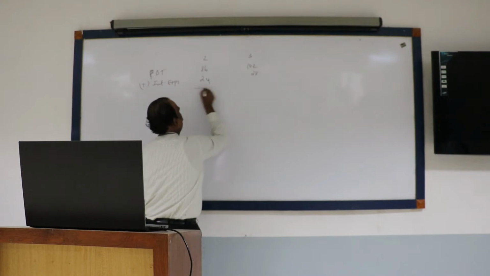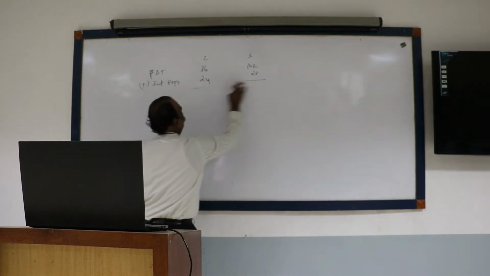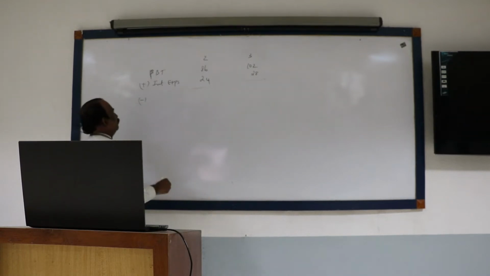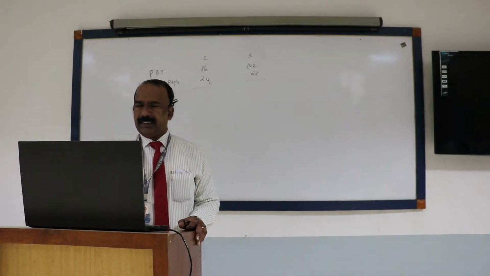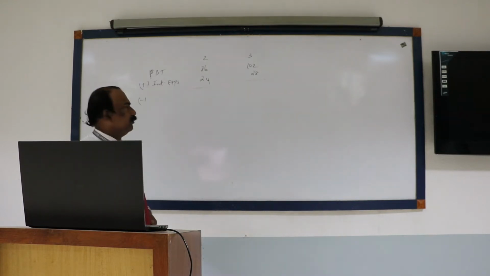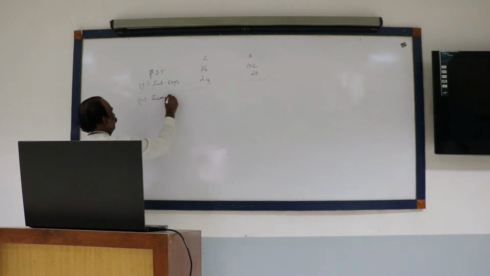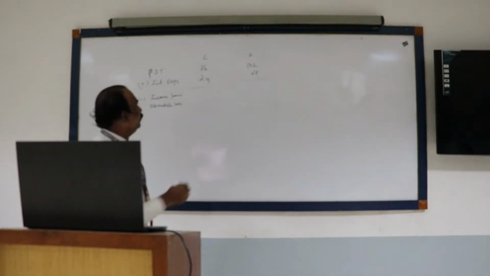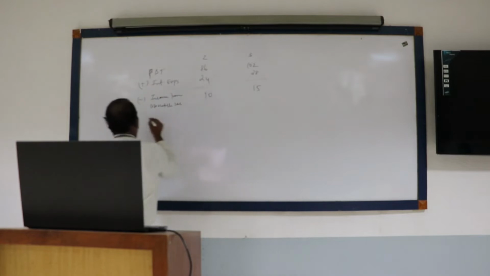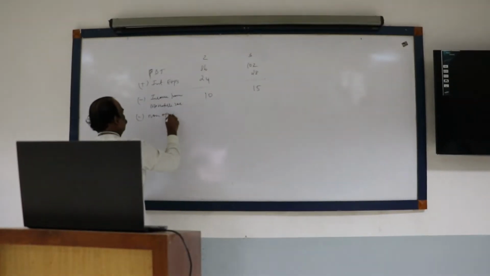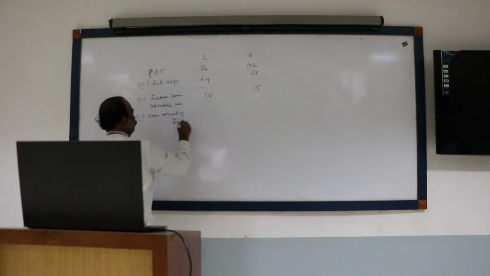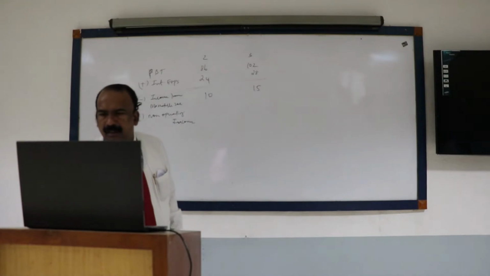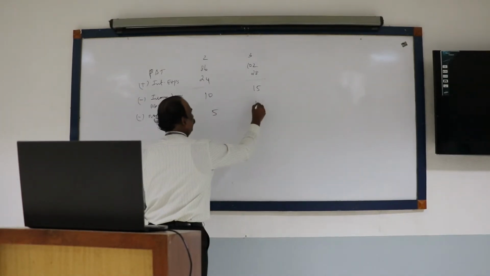24 and 28. Add this. Then minus interest income, that is income from marketable securities, which is 10 and 15, and non-operating income, which is 5 and 10.